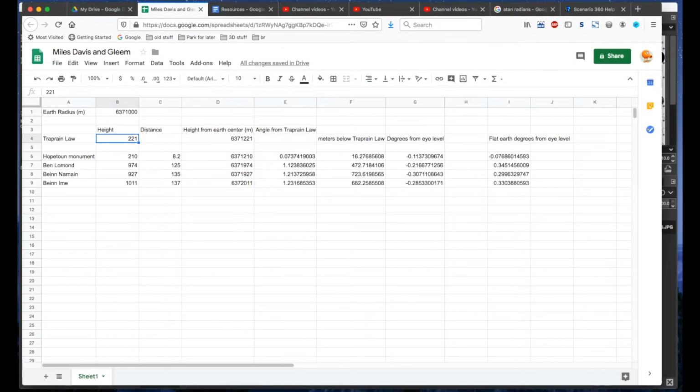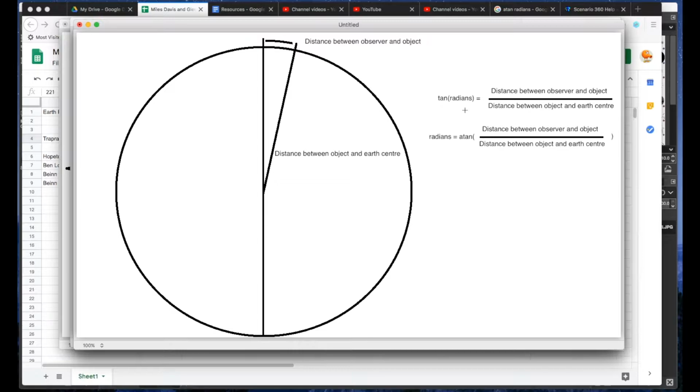So the way I approach this, I'm using the property of the distance along the surface of the Earth to compute the radians. The angle in radians is going to be the distance between the observer and the object divided by the distance between the object and the center of the Earth.